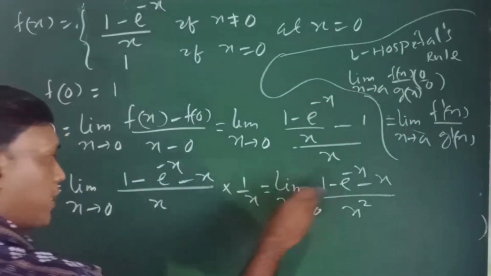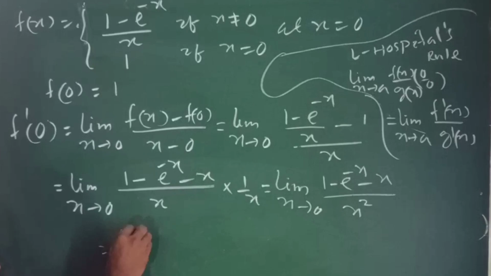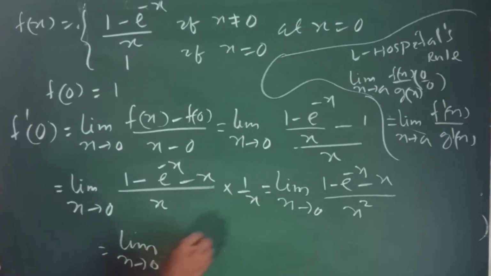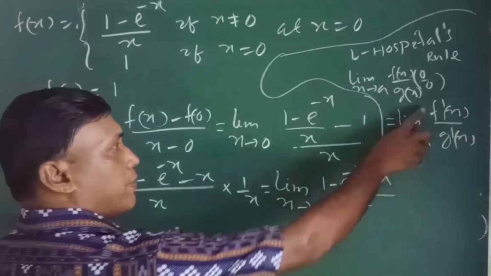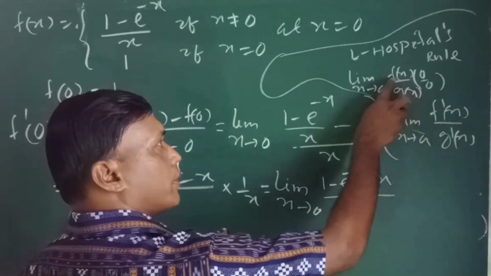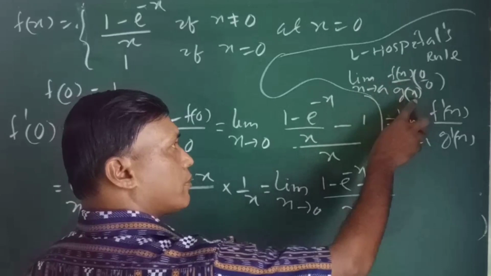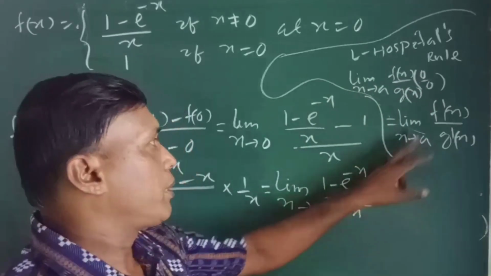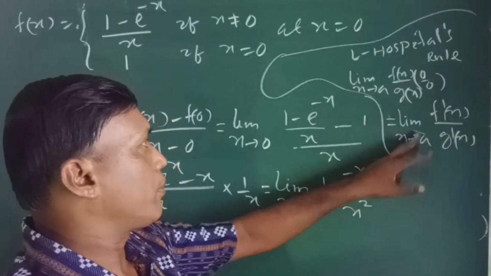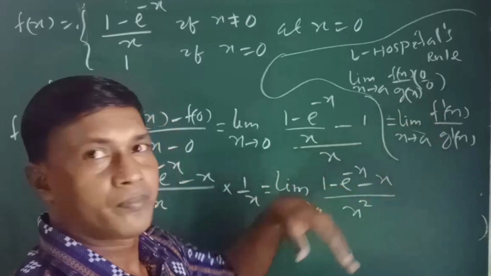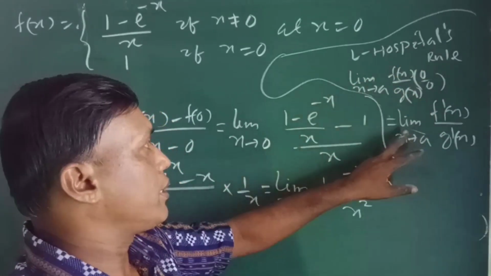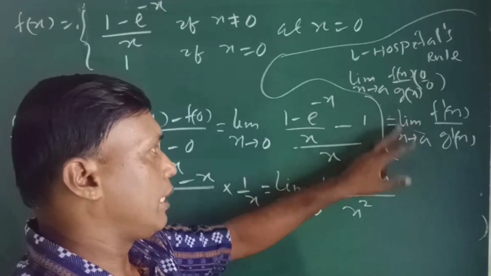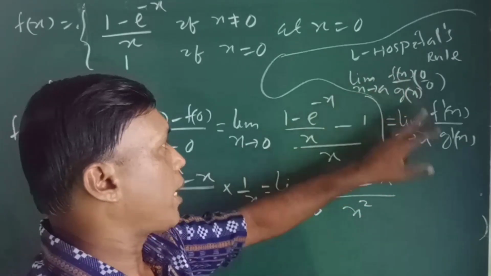So here we apply this thing, limit x tends to 0. L'Hopital's rule is limit of f by g is limit of f dash by g dash, means limit of derivative of f by derivative of g.